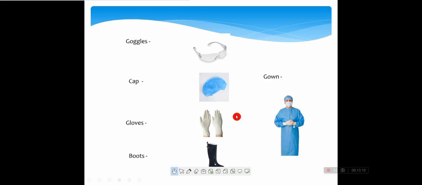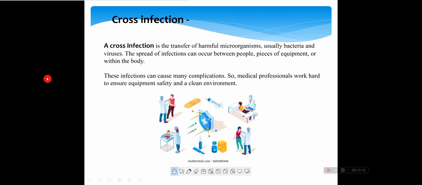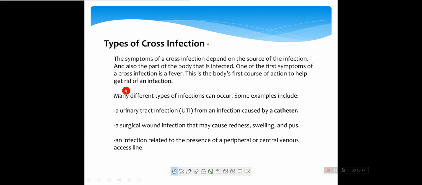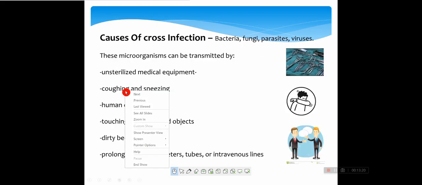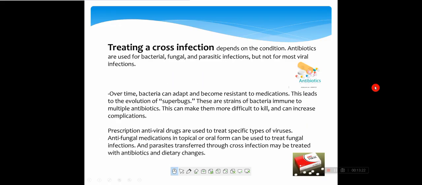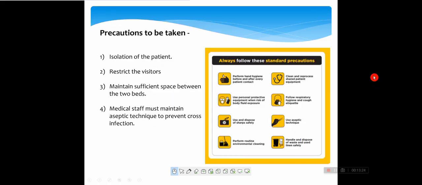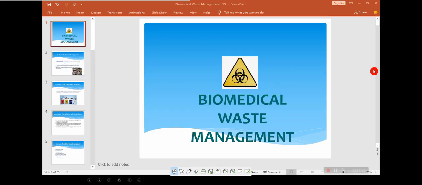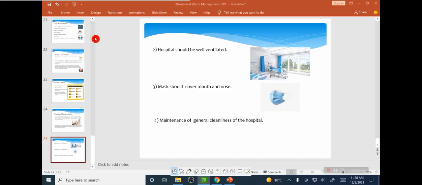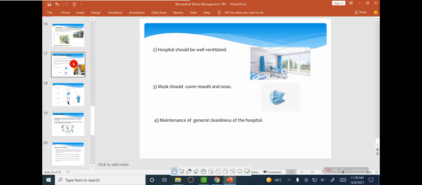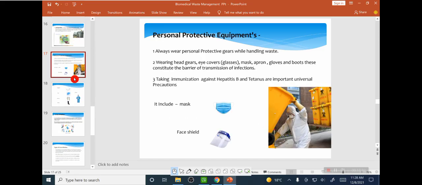These are all the biomedical personal protective equipment. After that, taking immunization against hepatitis B and tetanus is very important.